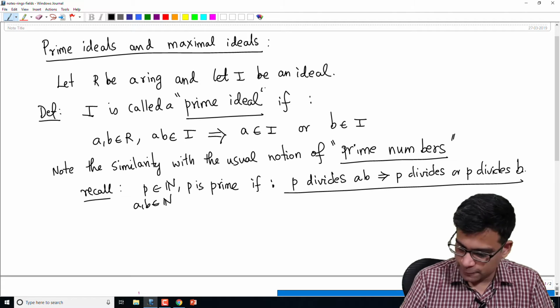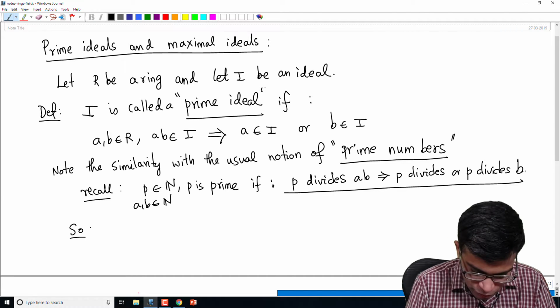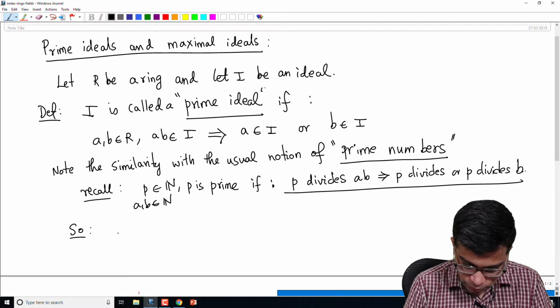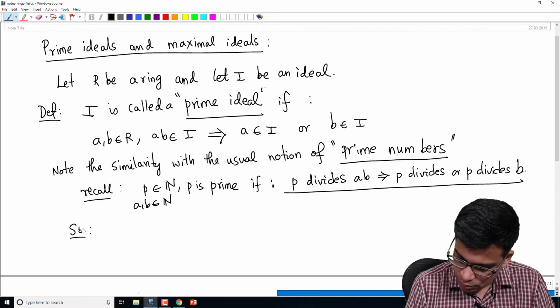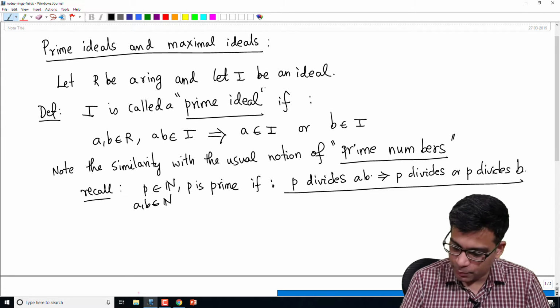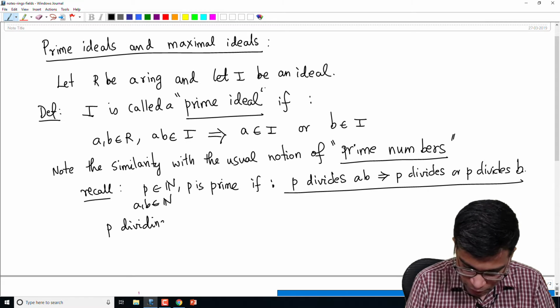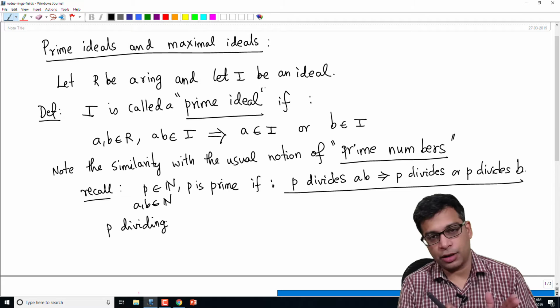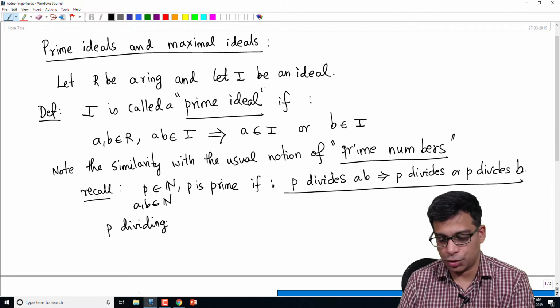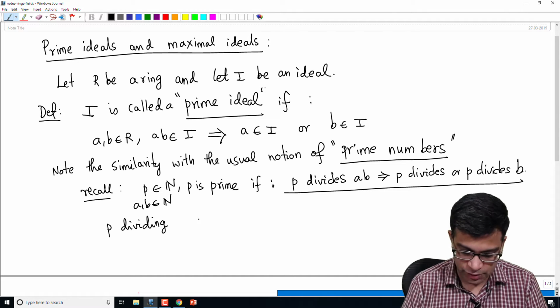So using this, we can conclude. Remember, I'm trying to connect the notion of prime ideals that I just defined to the notion of prime numbers that we learned in school.